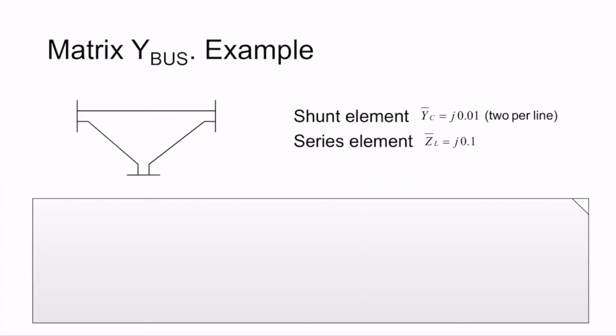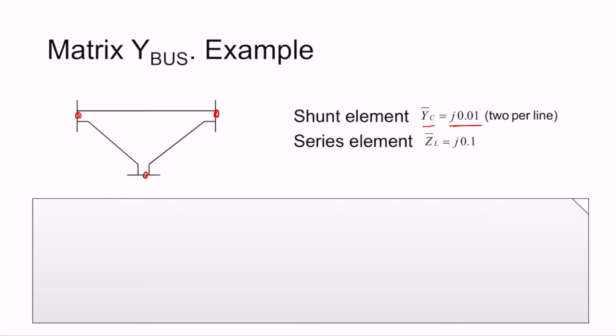Let me give you an example. I would like to build the admittance matrix, this Y bus. I'm giving you information about this 3-node system. I don't know what is connected at every node, but I know it has 3 nodes. There are 3 lines. Every node is connected with each other. We know the shunt element is given by j0.01.